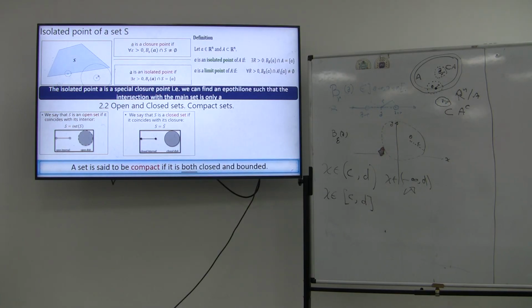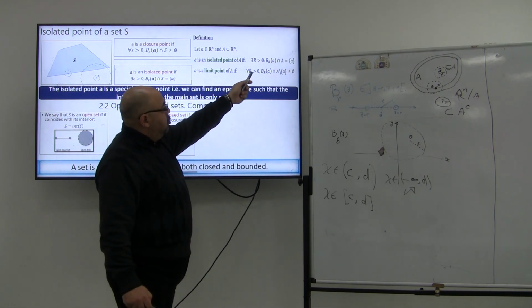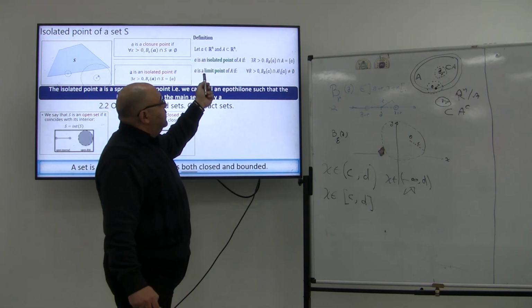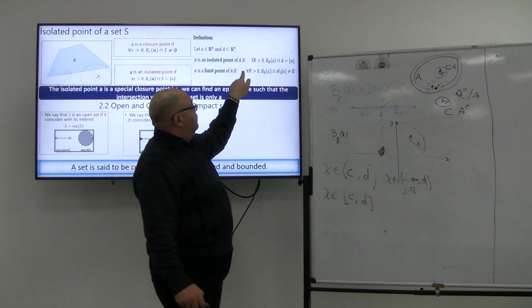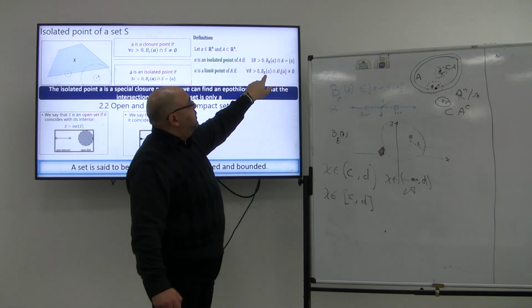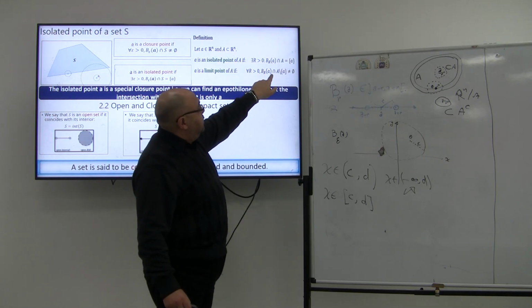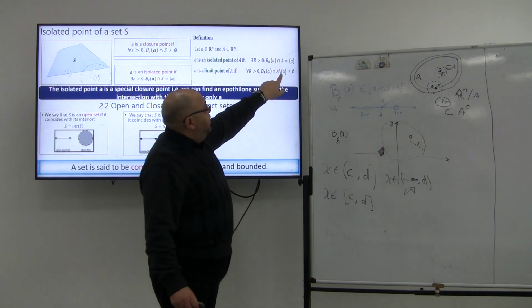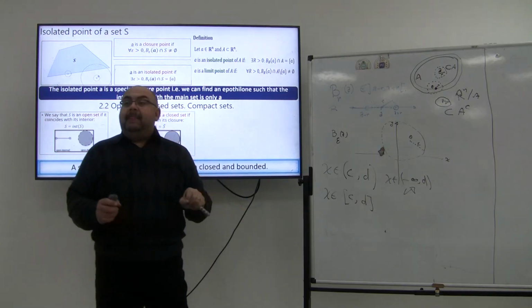Also, here you have the condition for A being an isolated point, and for A being a limit point. Look at the definition of a limit point: for every r greater than 0, the open ball centered at A with radius r, intersection the set without A, doesn't equal the empty set.